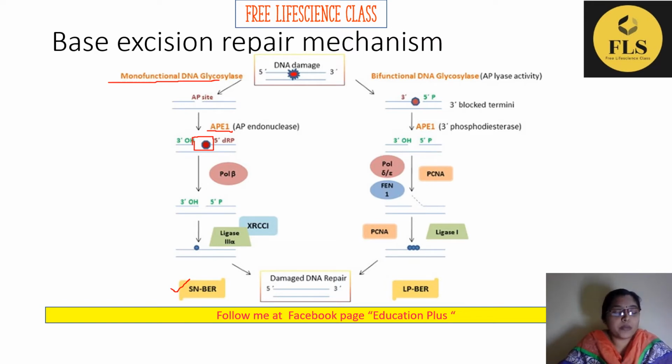Now our DNA polymerase beta will come and add the nucleotides here, and the ligase enzyme will join those two segments of the DNA. This is the function of short patch base excision repair mechanism.